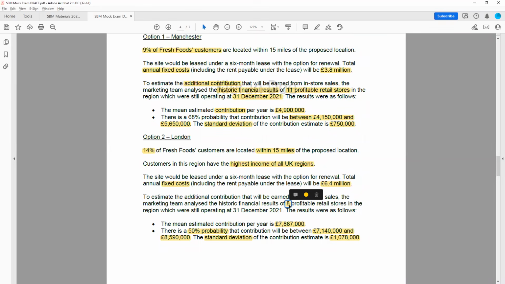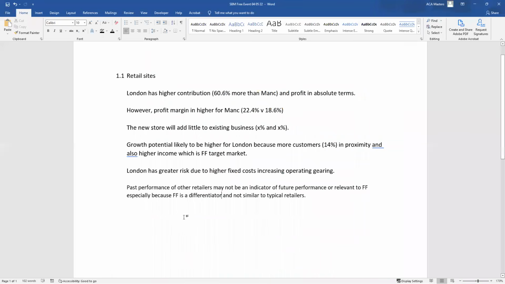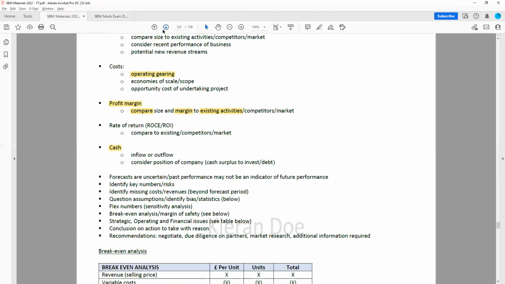Here they've only used 8, so it's not clear why fewer were used. So we could say here, in terms of the data, not clear why only 8 stores used for London data, versus 11 for Manchester.